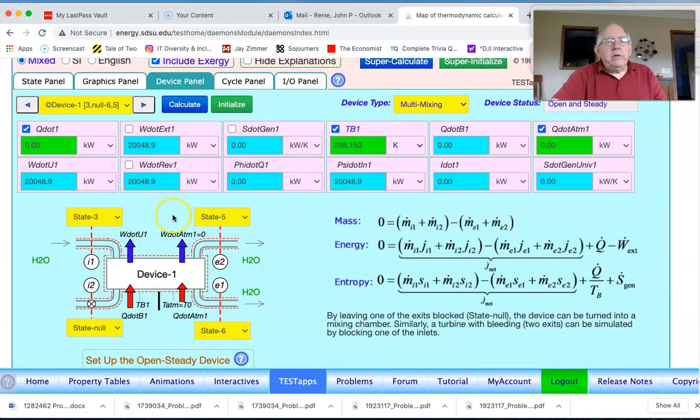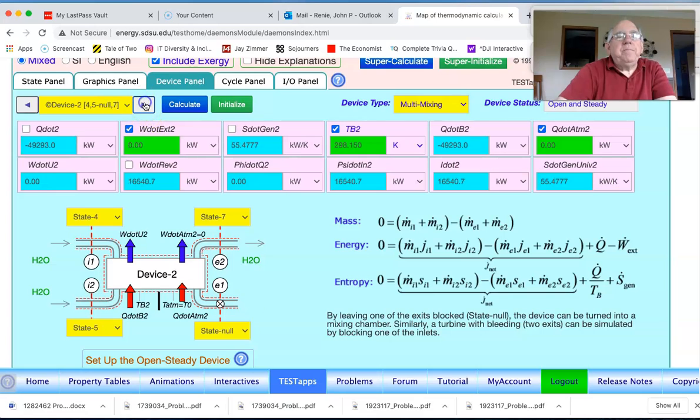So what's going through this turbine is just 20 kilograms per second, with 15 coming here and an additional 5 going out. And so this represents the isentropic turbine, and we see how much work it generates.